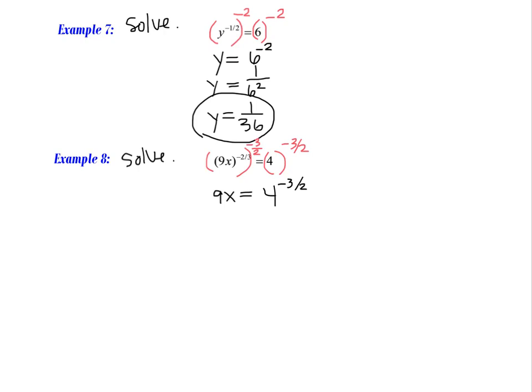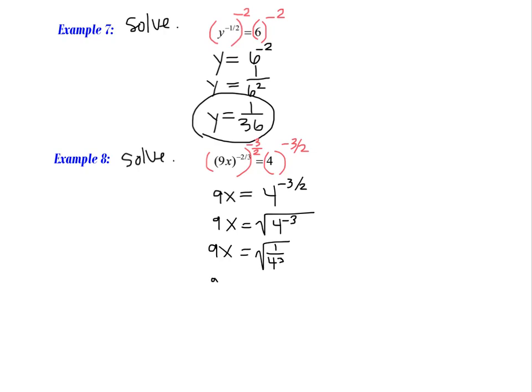So a couple things we want to do here. We want to get x by itself, and we also want to simplify that -3/2 power. So let's work with that right-hand side first. What I might do is rewrite that as a radical, because this is the square root, since there's a 2 in the denominator, of 4 to the -3. But 4 to the -3, we can bring that to the bottom and make it positive.